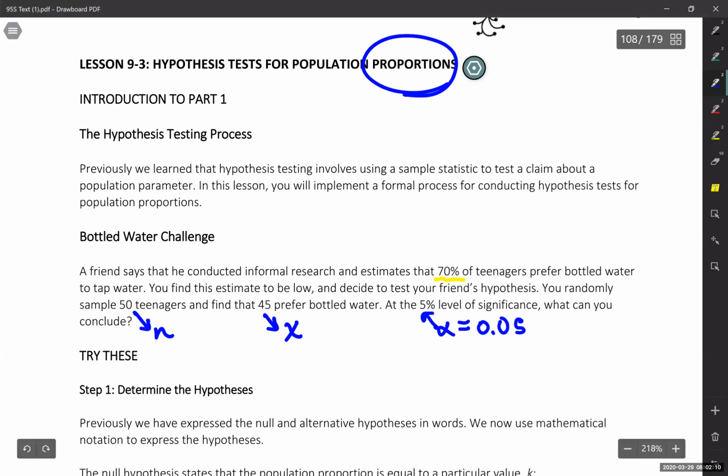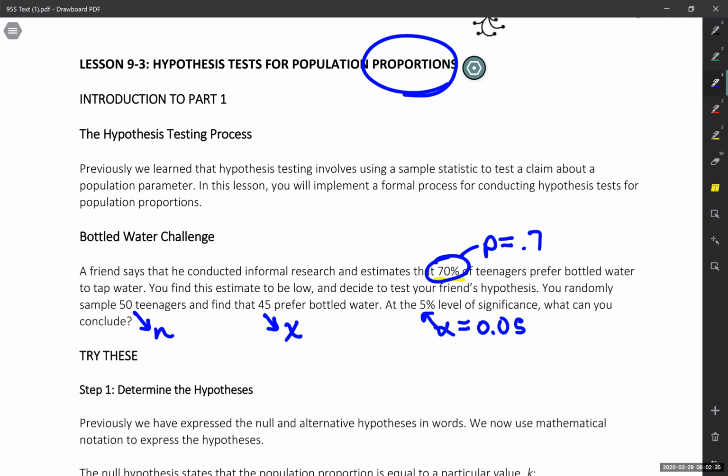Remember, they all have N's, they all have sample sizes. But if all I can find is the X and I don't know anything about the mean or the standard deviation, then this is definitely a proportion problem. So I have this guess right here, this estimate, that will be my P as a decimal. And then I have my X and my N, so I'm ready to jump in.